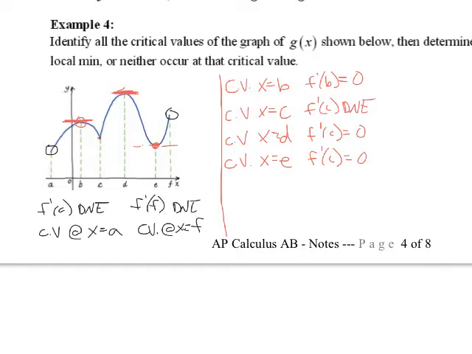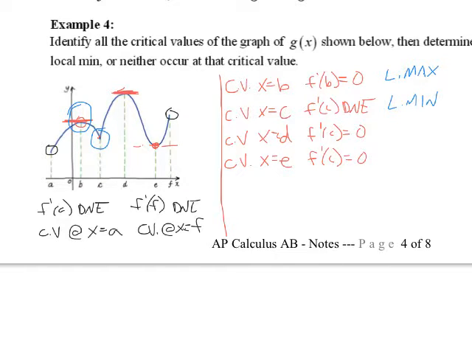And now that we've identified all of our critical values, we need to identify whether we have a local maximum or a local minimum there. At b, looks like we are coming to a high point, so this is a local max. At c, we're coming to a low point, so that is a local min.